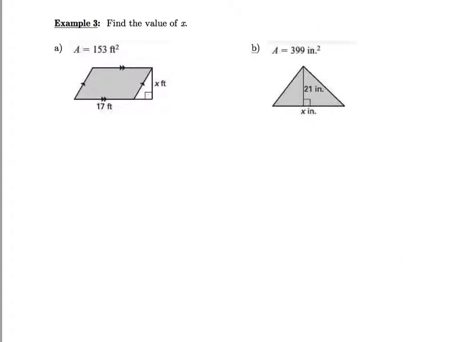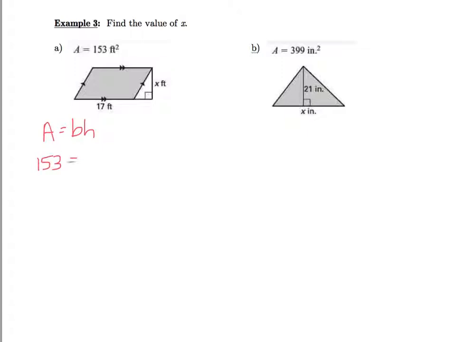Now for example number 3, they give us the area instead of giving us the base and the height. So I'm going to use the same formula. Area equals, whoops, keep it with red, so we can be consistent. Area is always in red. Area equals base times height. My area is 153.